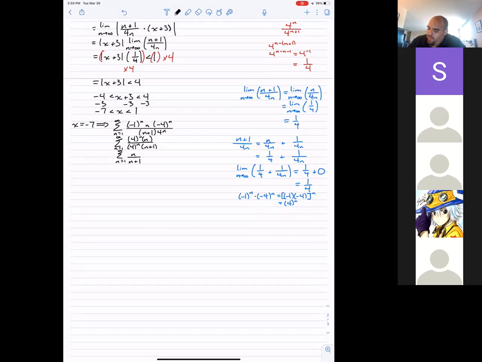So basically, what you're going to have is this. The limit as n approaches infinity of n over n plus 1, that's going to be equal to the limit as n approaches infinity of 1 plus... oh, we actually can't do that.